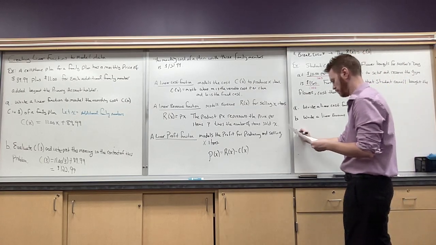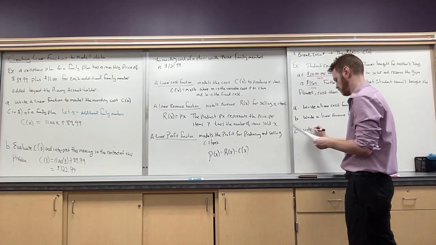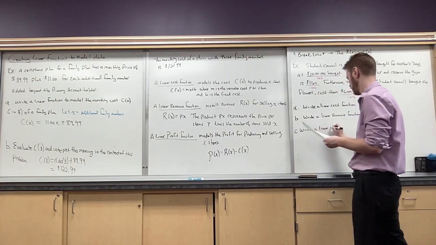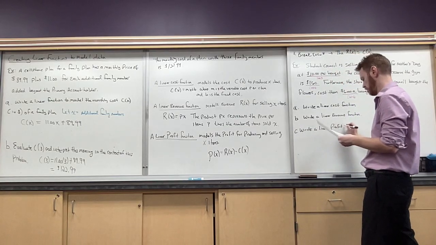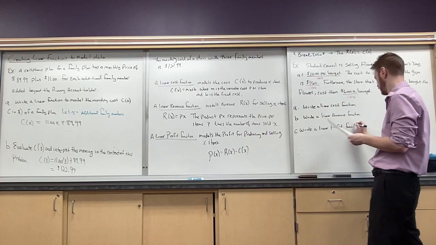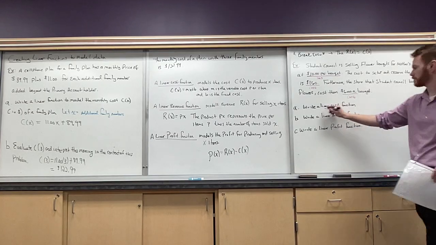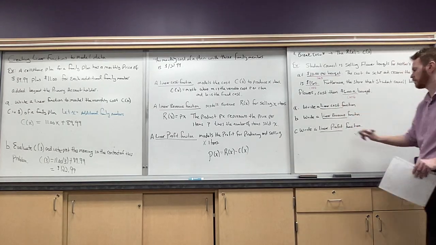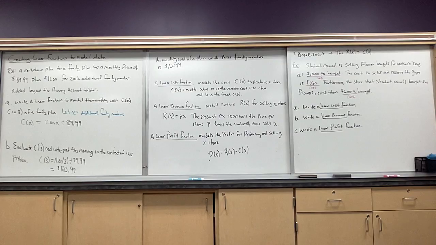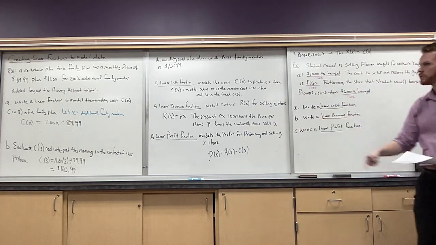And then part C, write a linear profit function. There's more, but we'll just stick with those three for right now. So, linear cost, linear revenue, linear profit. Let's go ahead and create those three based on the information given to us. All right. I'm going to use those names for the functions.